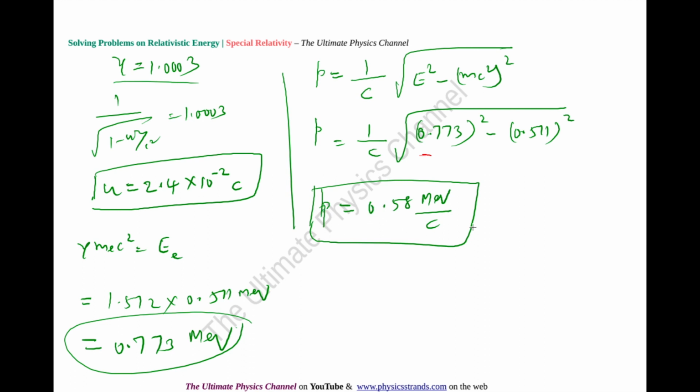Now the proton has the same momentum, so we have to equate that to the proton momentum to calculate its speed again, right? These are two different cases. First we calculated the speed from the energy. Now we have to calculate the speed from the momentum, and the same process has to be repeated.